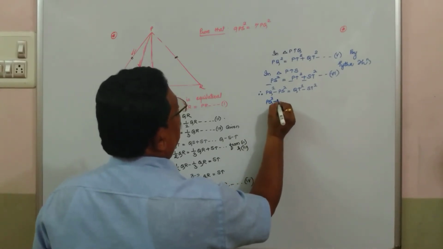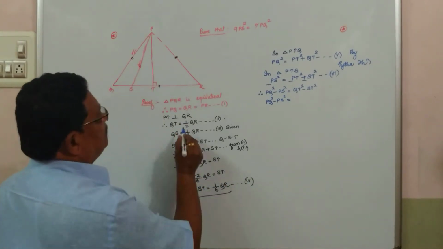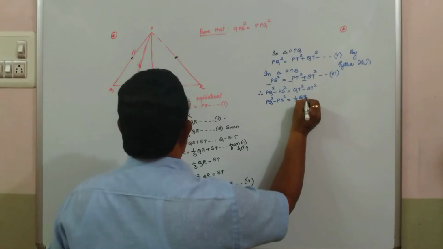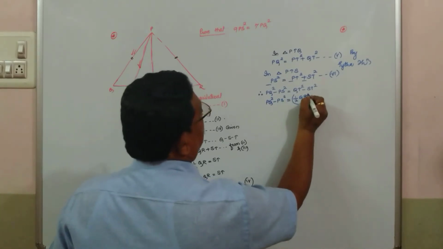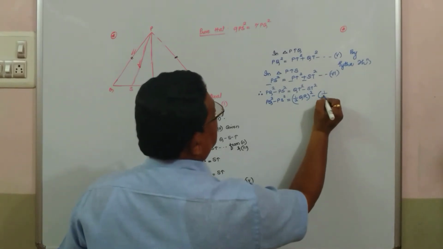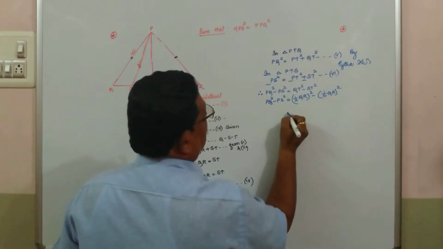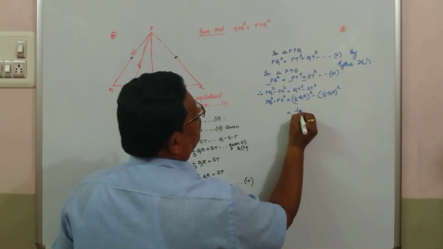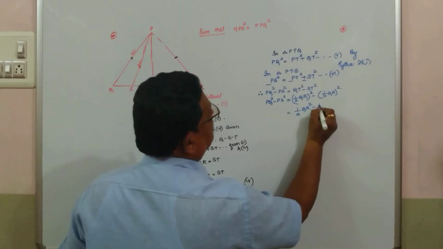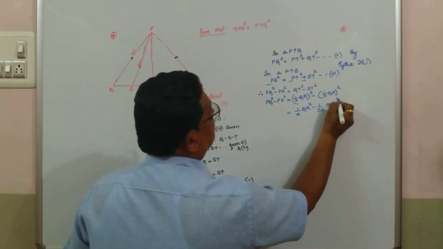PQ square minus PS square equals QT, QT is half QR, bracket square, minus ST, ST is 1 by 6 QR, bracket square. This is equal to 1 by 4 QR square minus 1 by 36 QR square.